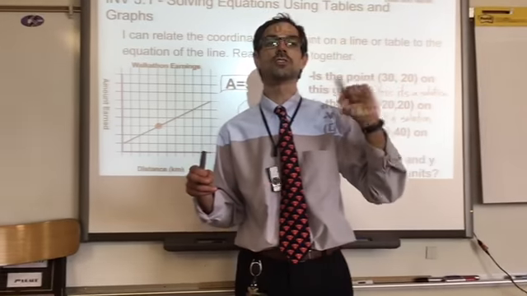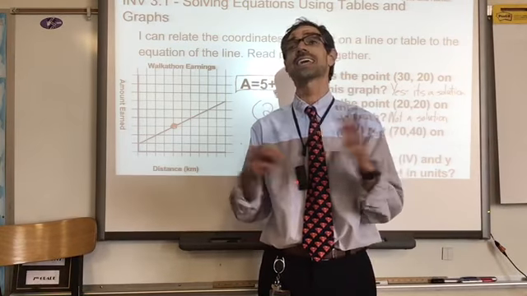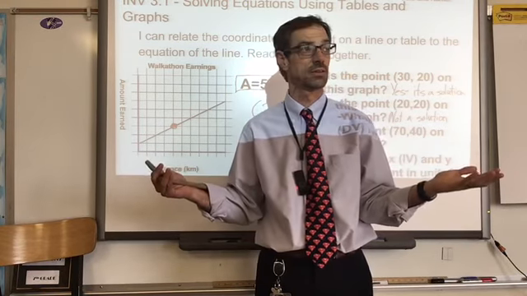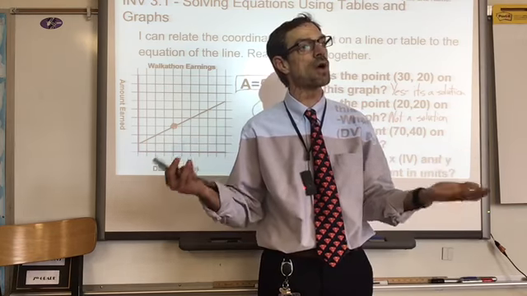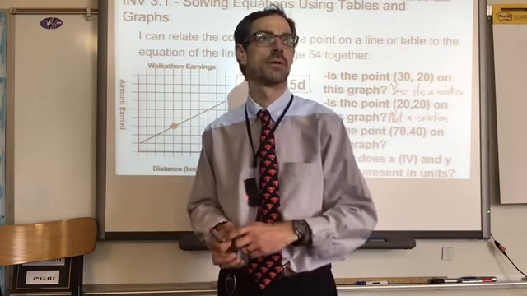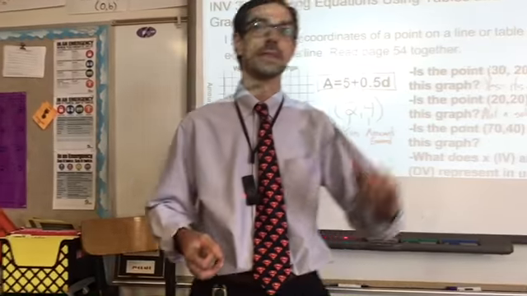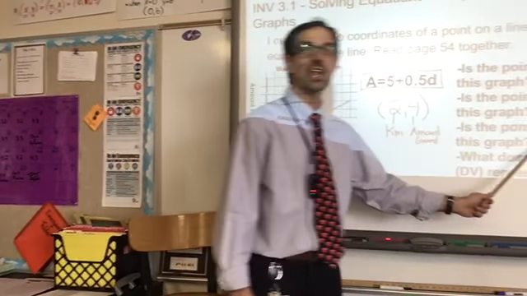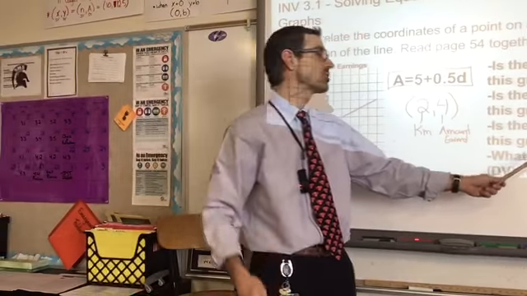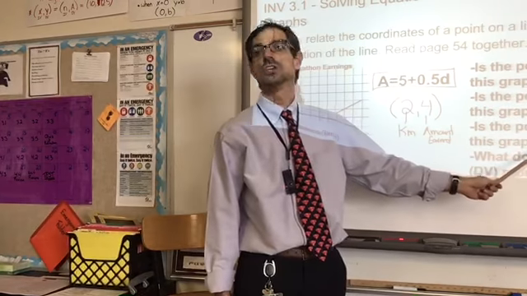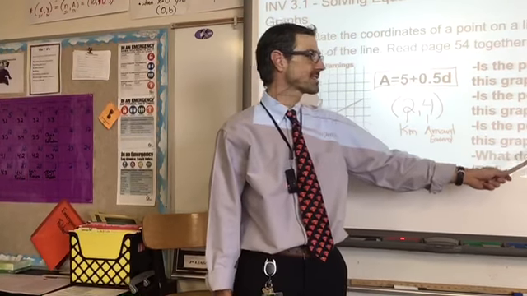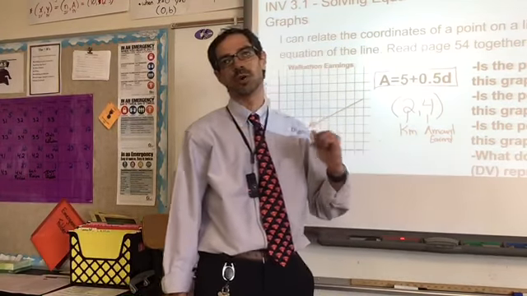Okay, hold on. You're saying no, it's not, because I can't see that point. So if I can't see it on the graph, what else can I do to figure it out? Math. I can make a table or use an equation. So Janaya, I can use 70, 40 in an equation. How do I figure out if 70, 40 is on the line, even though I can't see it?